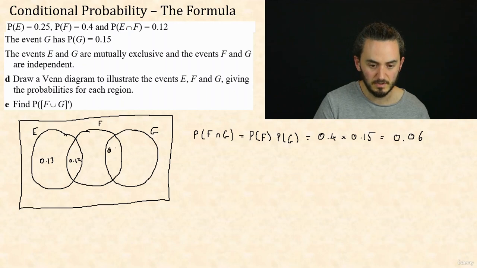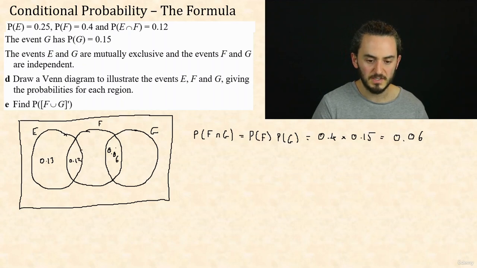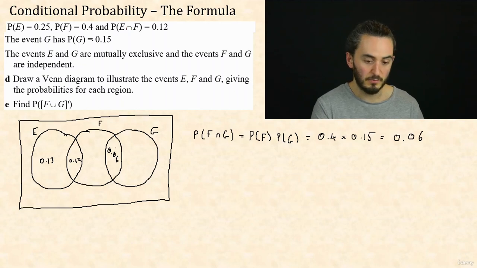So 0.06 is my intersection there. So now I can work out what goes in here because F in its totality is 0.4. So 0.4, and I've already got 0.12, so I'll take that away. And I've already got 0.06, so I'll take that away.